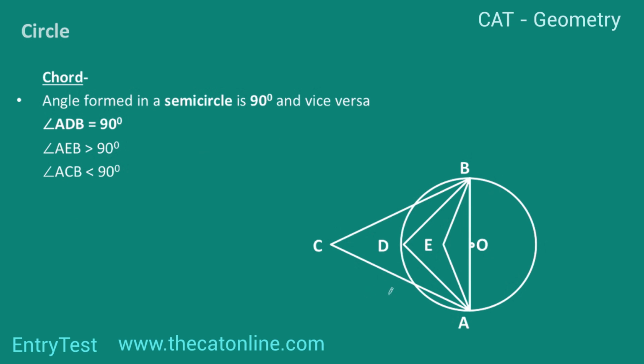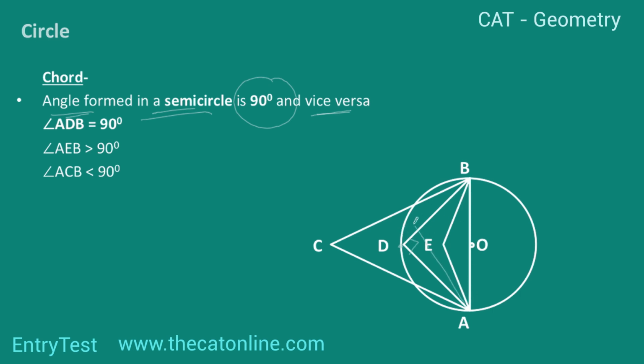Similarly, I would say the angle formed in a semicircle is a right angle and vice versa. So if you take a chord which is actually the diameter of the circle and try to form an angle at the circumference, it will always be a right angle. Angle formed in a semicircle, semicircle means half a circle, would always be 90 degrees.